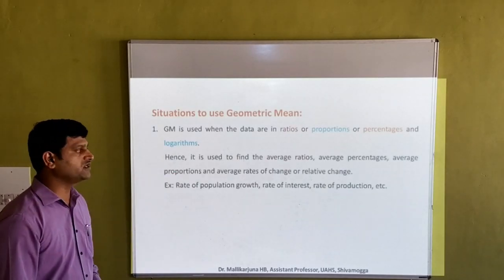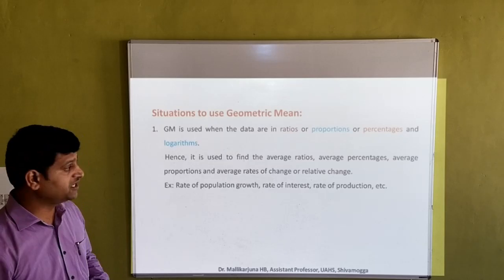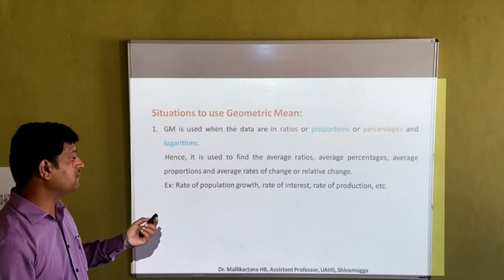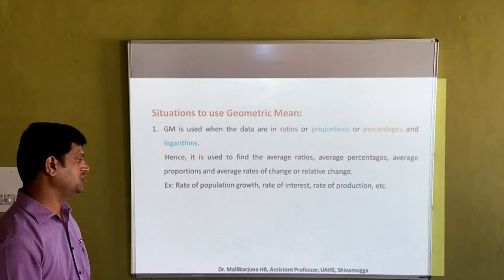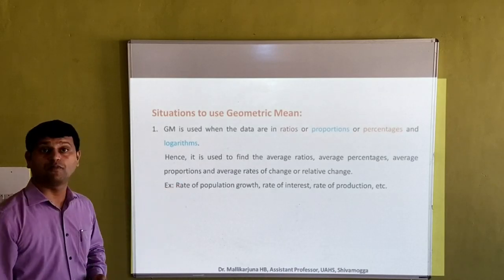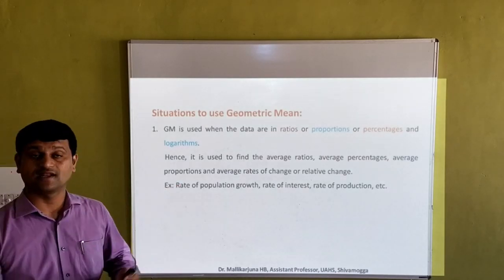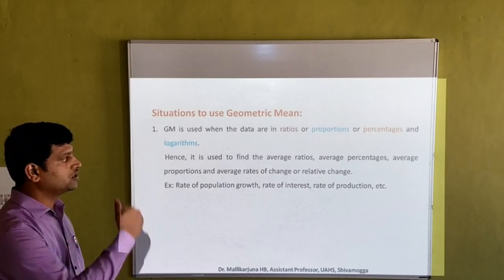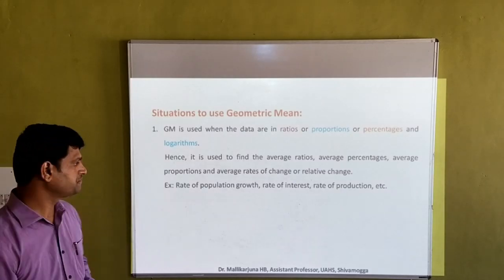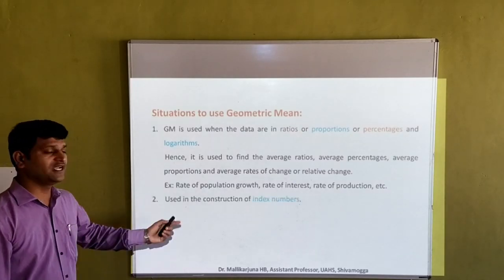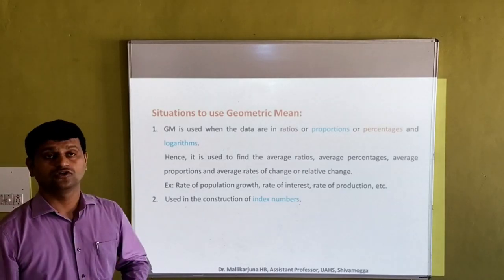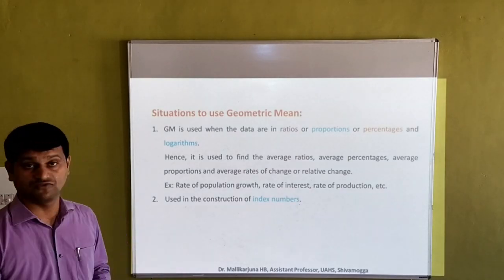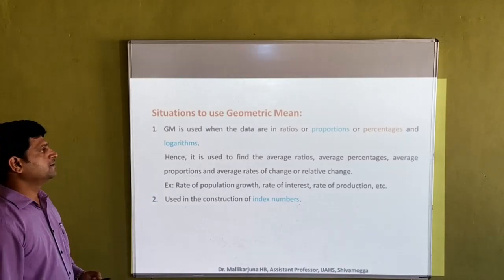Hence it is used to find average ratios, average percentages, average proportions, average rates of change or relative change. Examples: rate of population growth, rate of interest, rate of production. Also, to construct index numbers, we use the geometric mean.